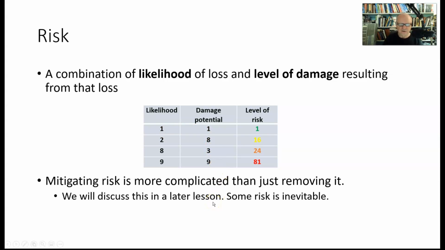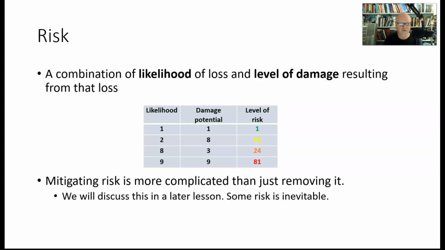Mitigating a risk is a little bit more complex than just saying, well, I'll get rid of that risk. I'll do something to make that risk go away. You can't really make risk go away. Some risk is always going to be inevitable, and there are different ways to deal with it. Things like insurance, for example, or I can actually try to mitigate the risk by decreasing that risk.